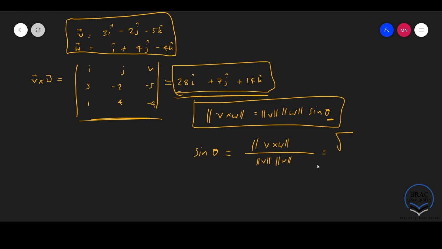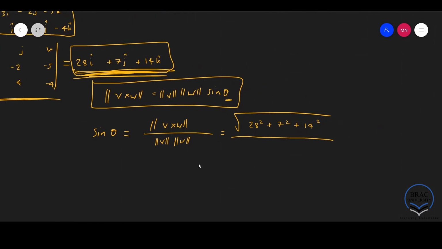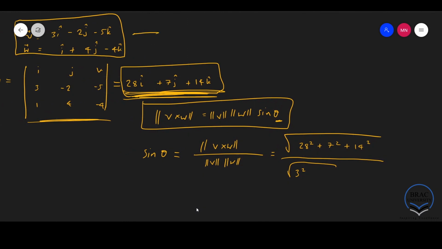So this is equal to the square root of 28 squared plus 7 squared plus 14 squared, divided by the magnitudes of v and w. We have the square root of 3 squared plus minus 2 squared plus minus 5 squared, times the square root of 1 squared plus 4 squared plus minus 4 squared.